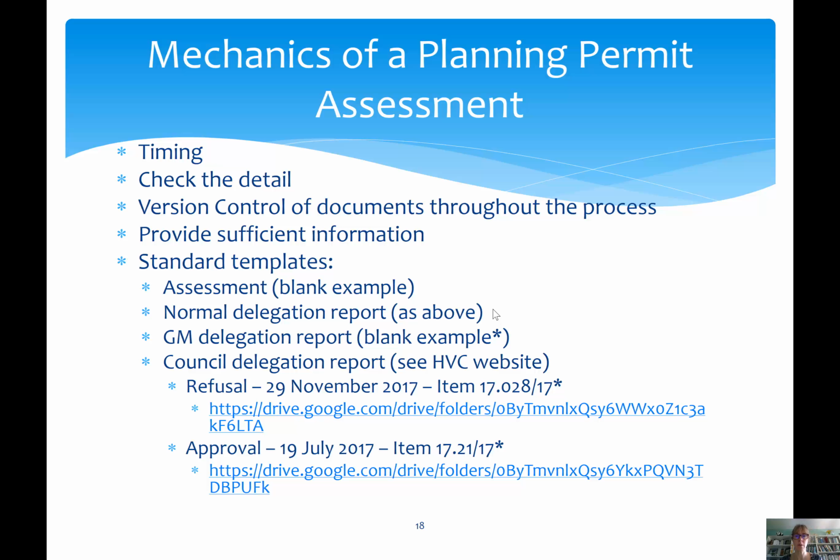The final assessment would be clearly labelled, and so you've got all of that documentation of what happened through the process. So if it does go to appeal and the Resource Management and Planning Appeals Tribunal want all that documentation, easy peasy.